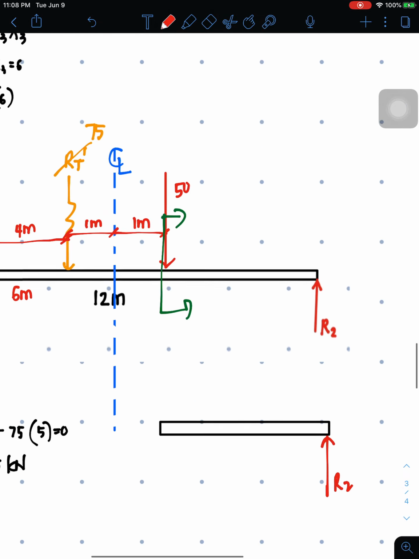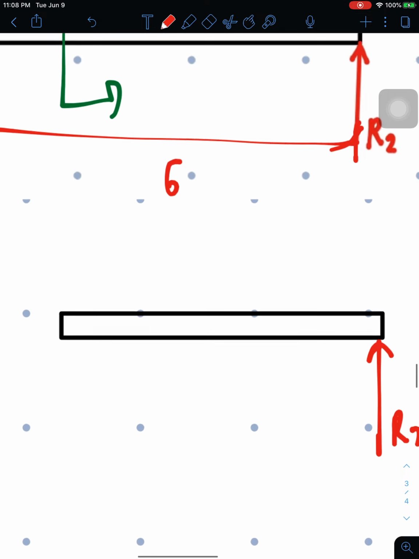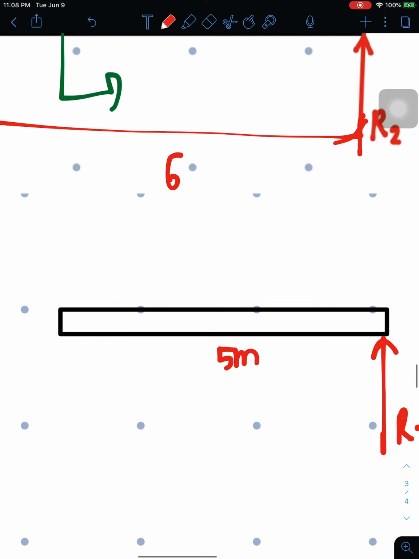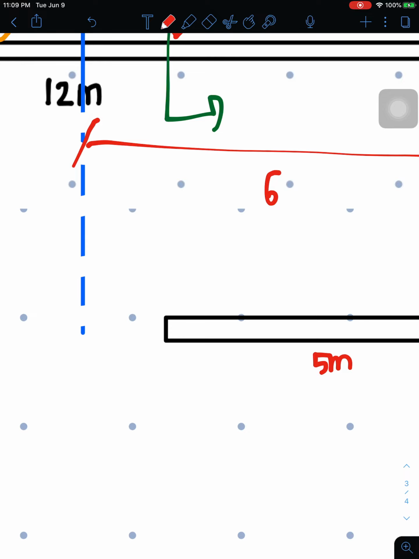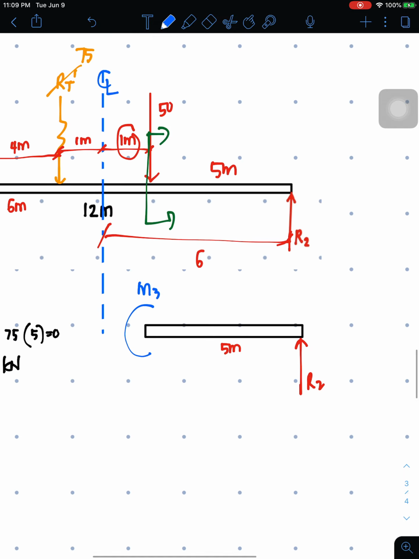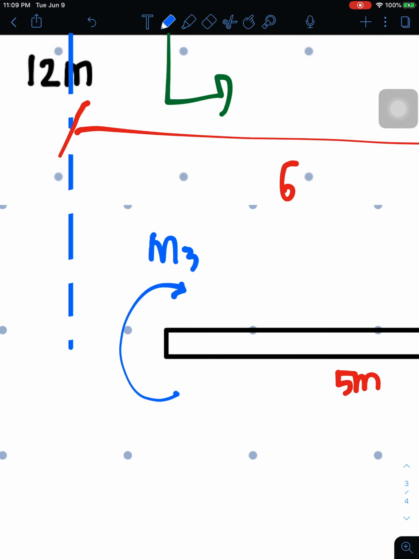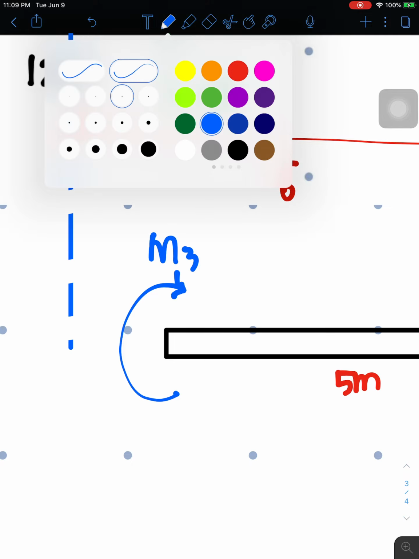And the point of cutting here, by the way, if this is 1 meter and the whole length here is 6, therefore this is 5, no? So this is 5 meters. And we're gonna create a moment, and this moment is M3. Since naman ta sa left side, then it's going to be clockwise.